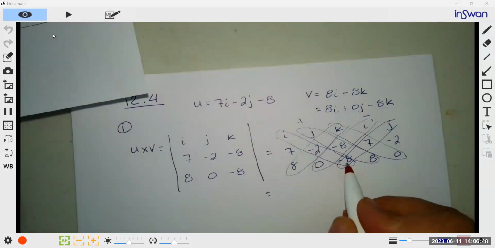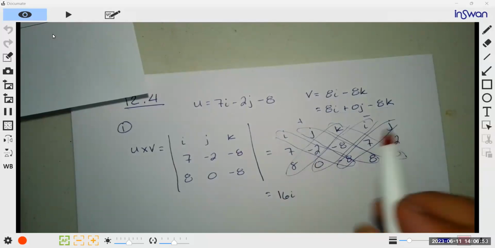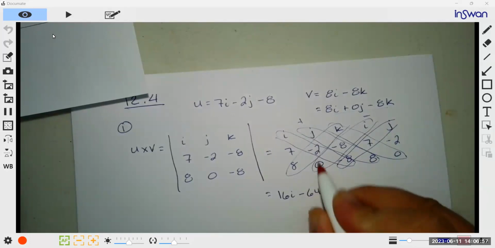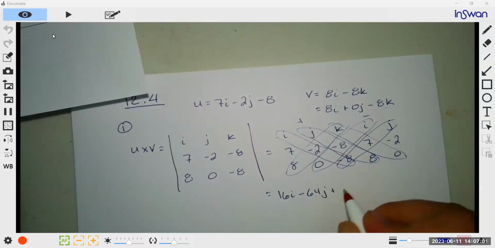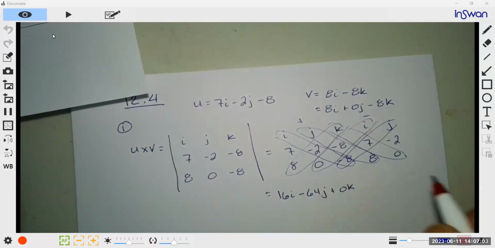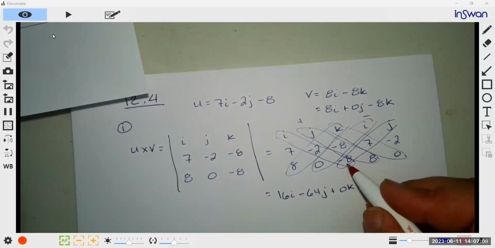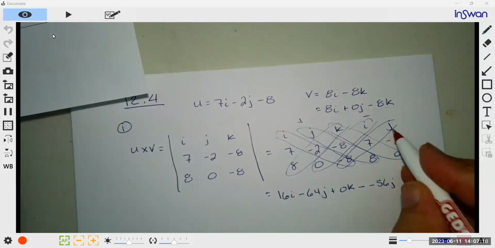So we have -2 times -8, it's positive 16, so it's 16i. -8 times 8 is -64j. 7 times 0 is 0k. Minus -8 times 7 is -56, it's j.